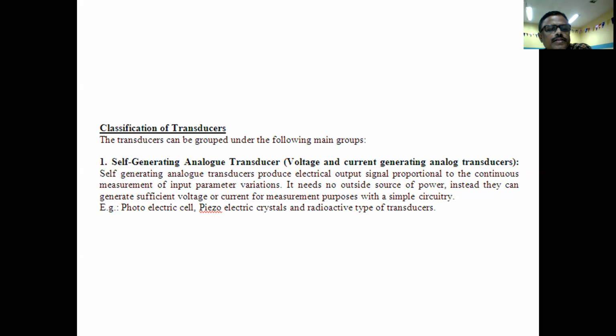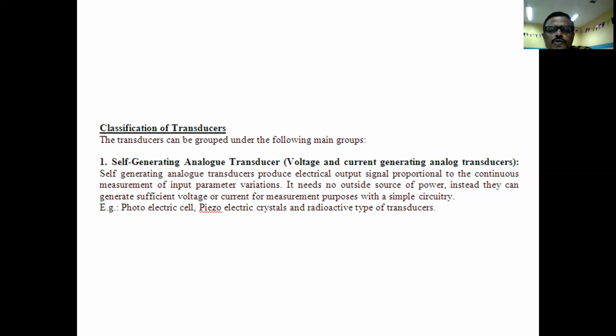That is, the self-generating analog transducers produce electrical output signal which is proportional to the continuous measurement of input parameter variations.